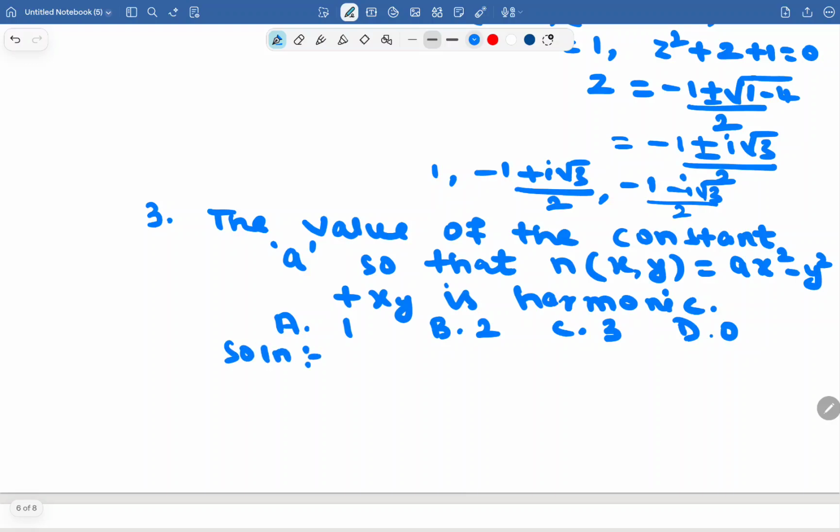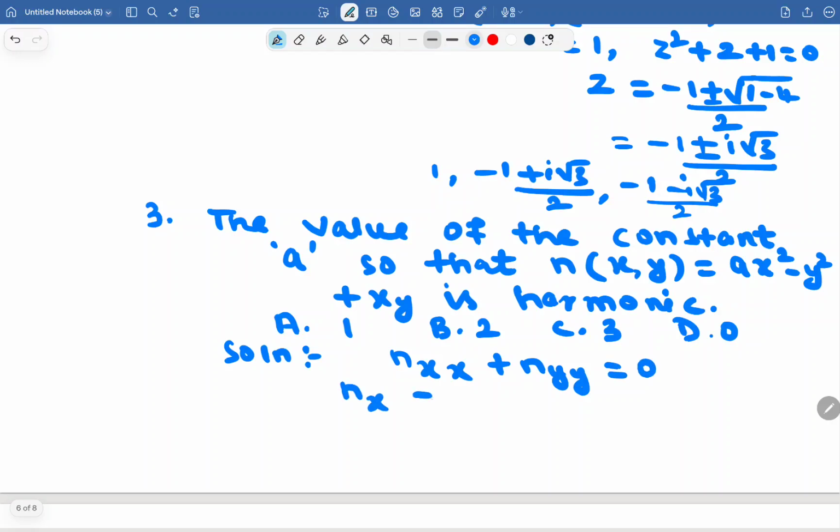Solution: we have to find the value for the constant a. The given function is u of x comma y is a x square minus y square plus xy, which is harmonic. Since the function is harmonic, it must satisfy the Laplace equation, that is u xx plus u yy equal to 0.